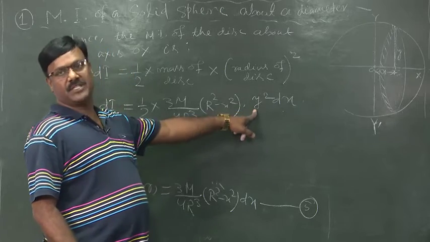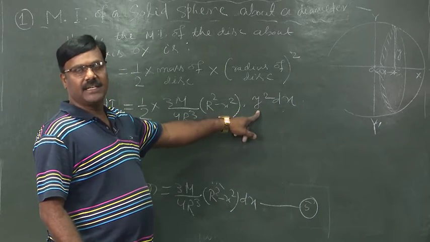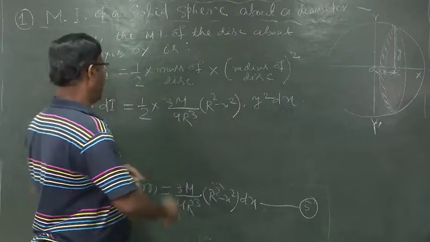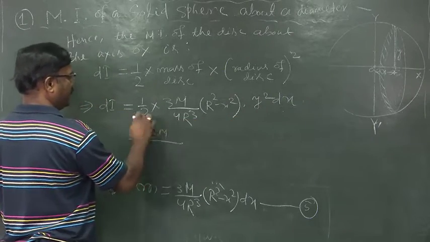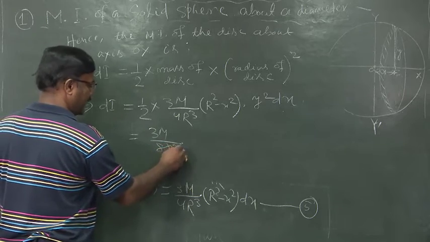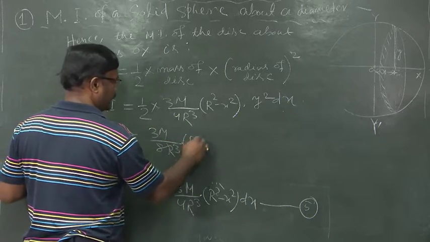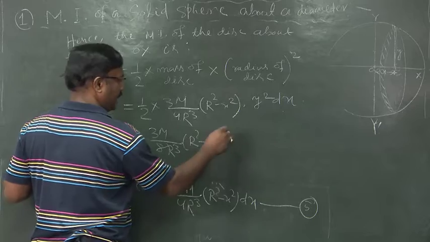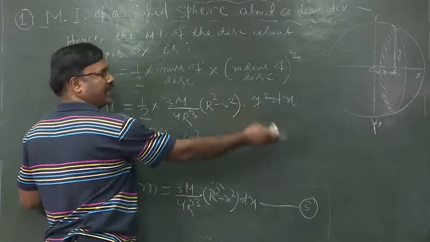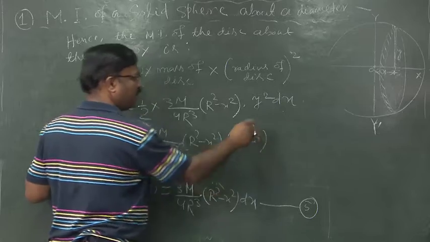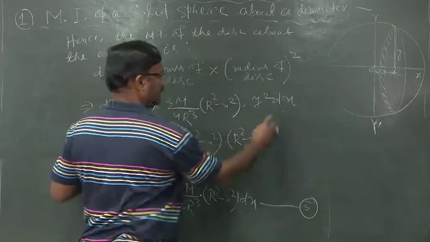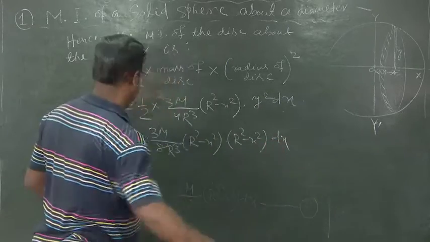So in place of y square we can write r square minus x square.